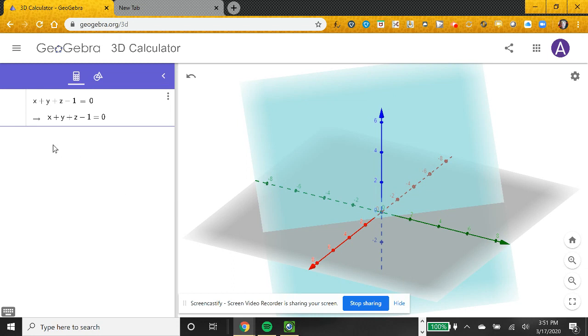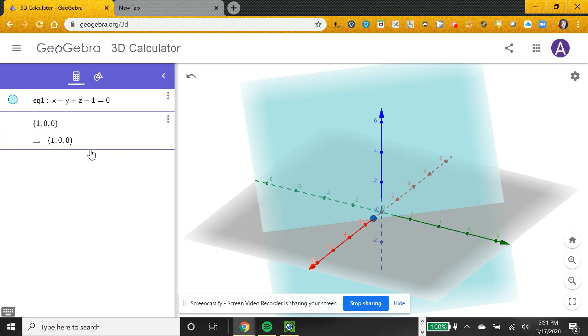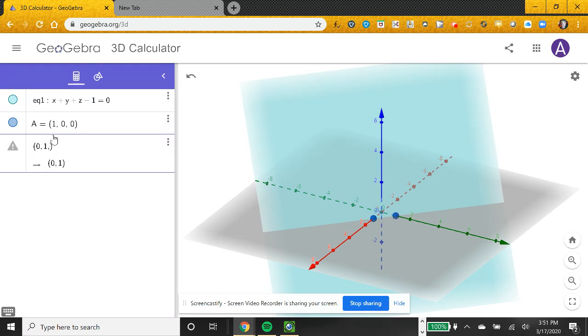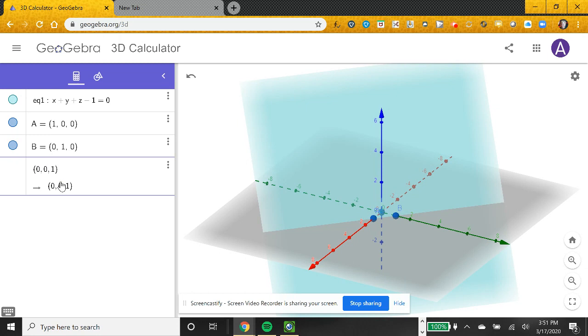And if I were going to plot the intercepts, which we'll do, my first point is 1, 0, 0. That's the x-intercept. Then we'll plot another point, the y-intercept, 0, 1, 0. And then the z-intercept, which is the next point, 0, 0, 1.